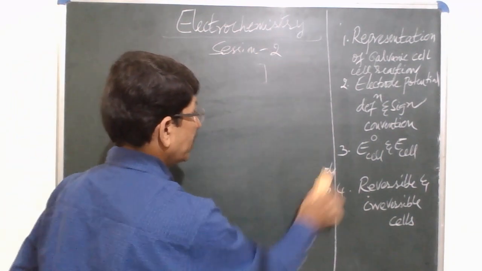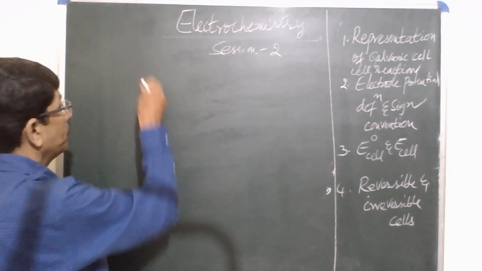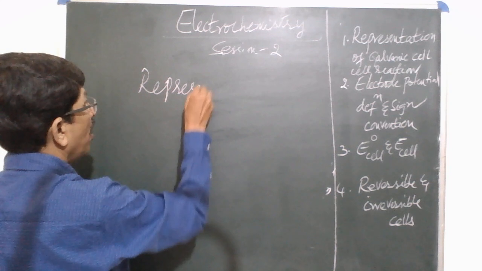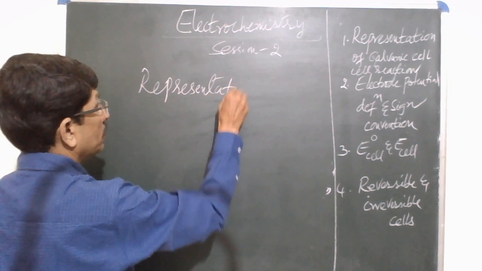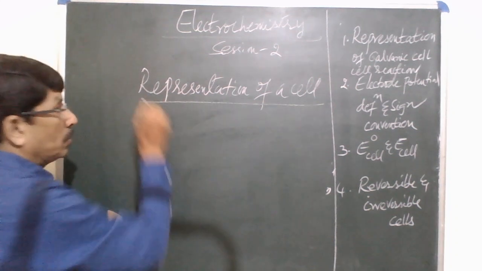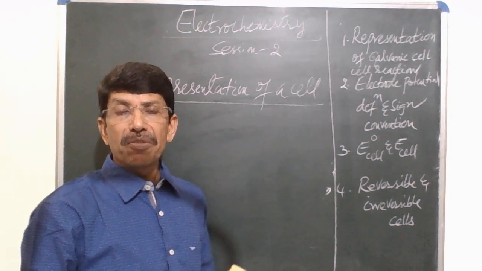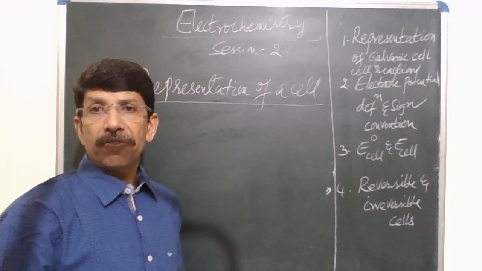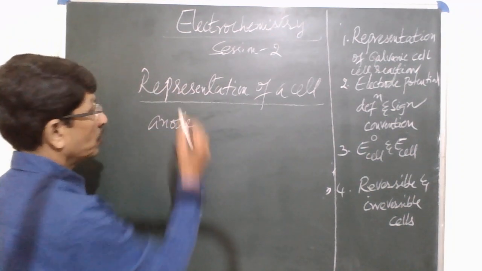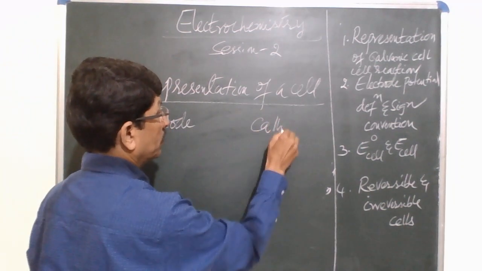While representing a galvanic cell, the anode is written first, followed by the cathode.